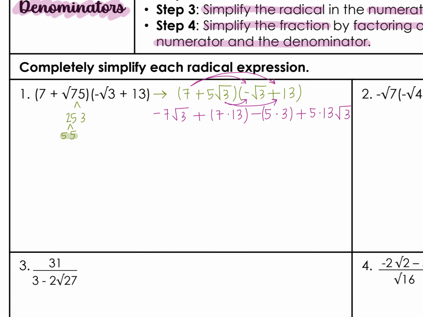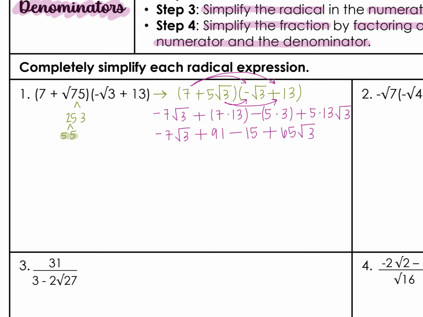The first one, we're just going to have negative 7 root 3 plus, and then here we have 7 times 13, which is going to give me 91, minus the 3 times 5, which is 15, plus my 5 times 13, which will give me 65 root 3.